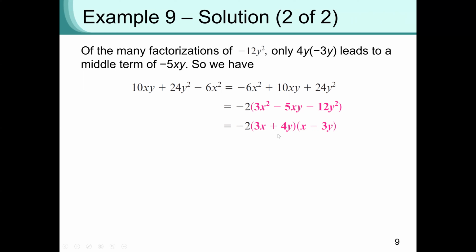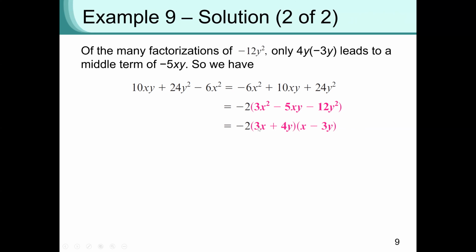When we reach this stage, we have to check. So I will multiply all the terms here, and we should get 3x squared minus 5xy minus 12y squared. Because I can see here we have a plus 4y and x will give me 4xy. And also we have 4y and minus 3y, so that will give me minus 12y squared, which is this.